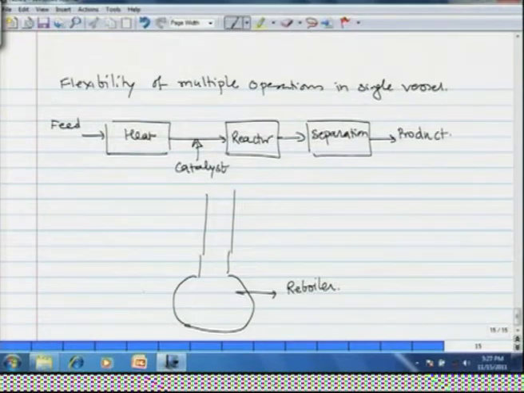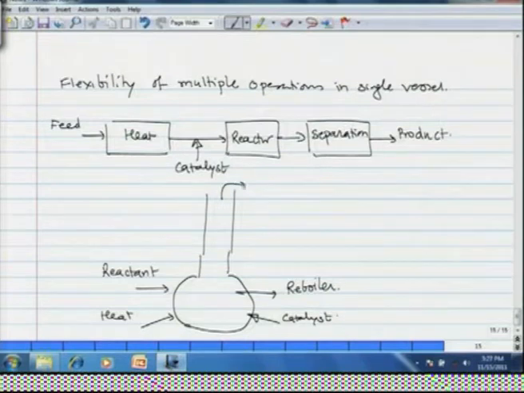You can take the reactant and then heat it, then add catalyst, let the reaction proceed, and the product is simultaneously distilled off. Now, here the heating, reaction and separation take place in a single vessel.